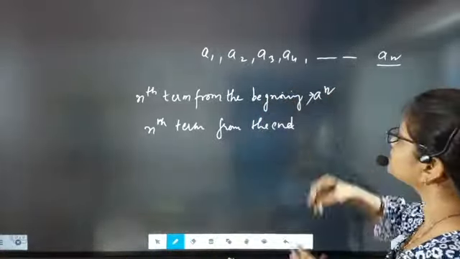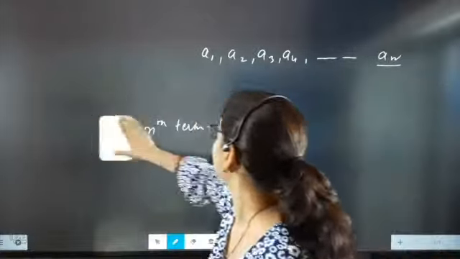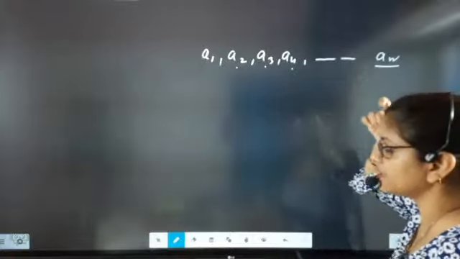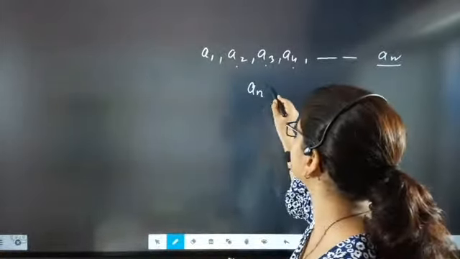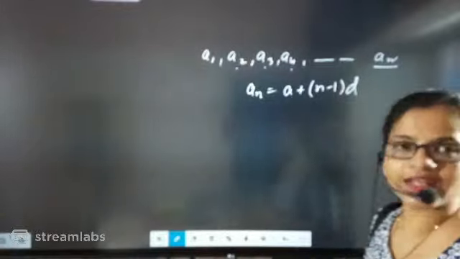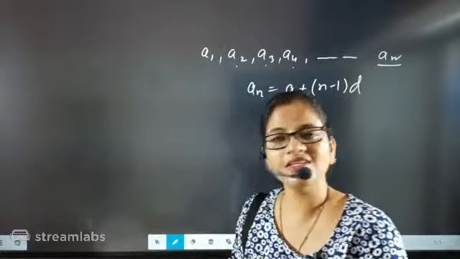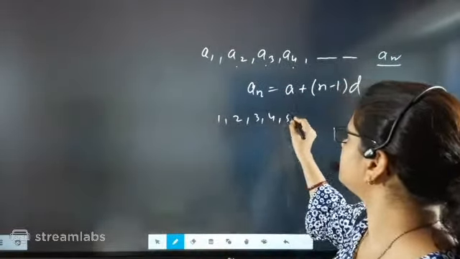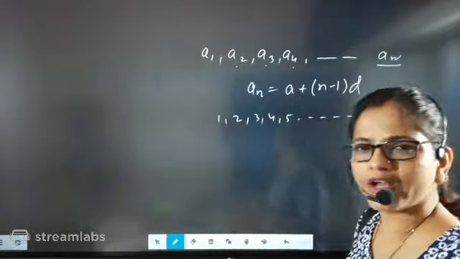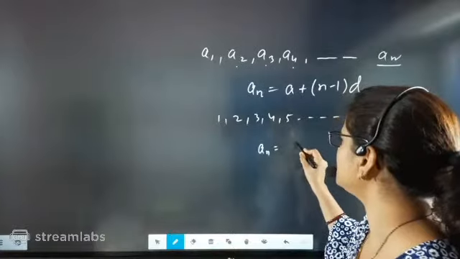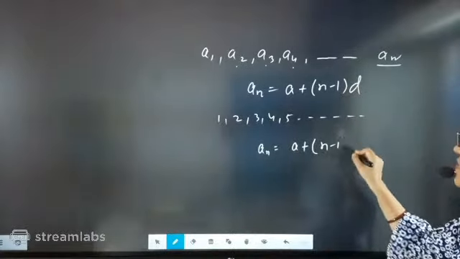Now look here, if somebody asks for the nth term from the beginning, then you say that A1, A2, A3, A4 till the an term is there. So from the beginning, an will be equal to A plus n minus 1 into d. That means directly we will write that, beta. If the sequence is going like 1, 2, 3, 4, 5, and somebody says find the nth term of this sequence, then the nth term will be A plus n minus 1 into d.